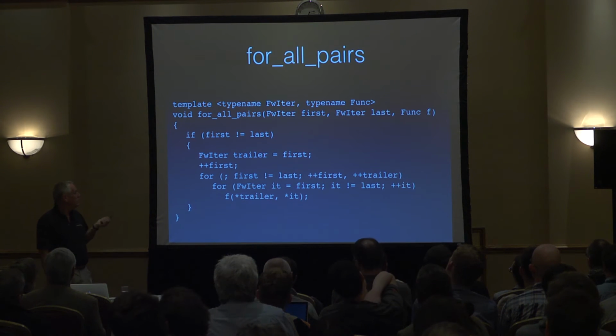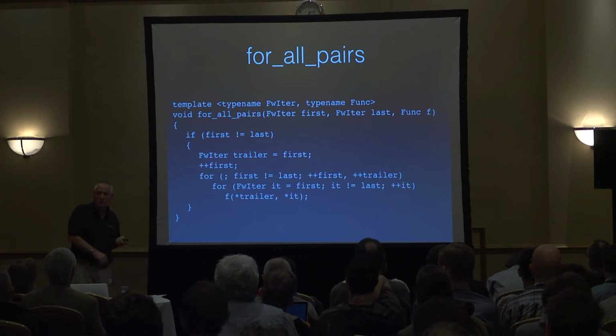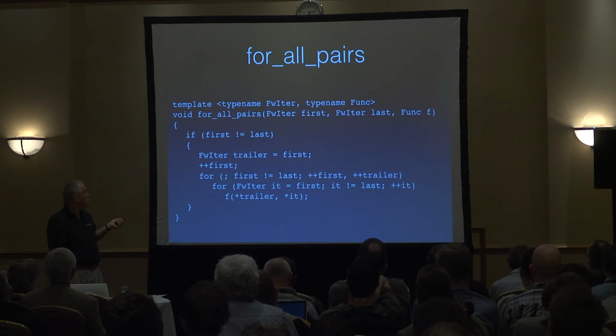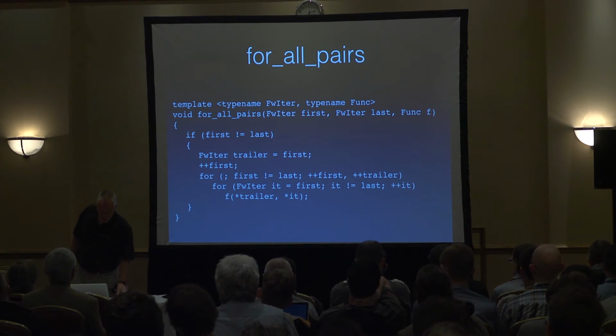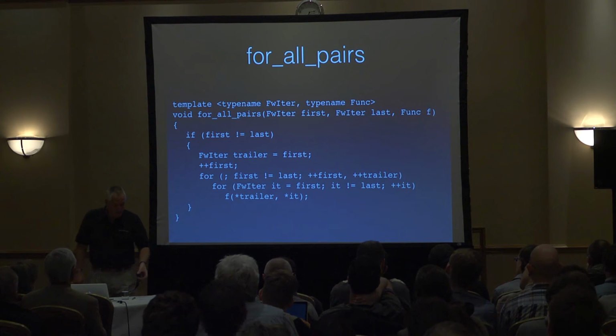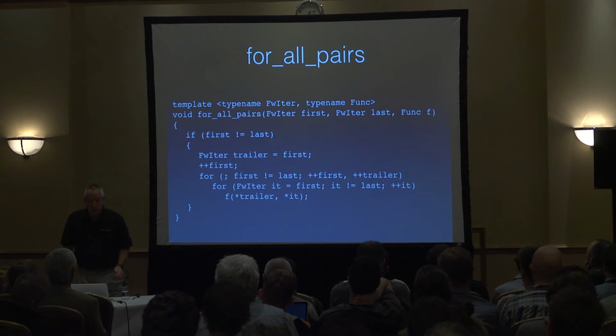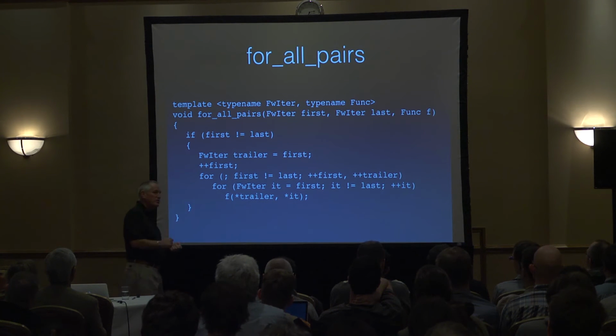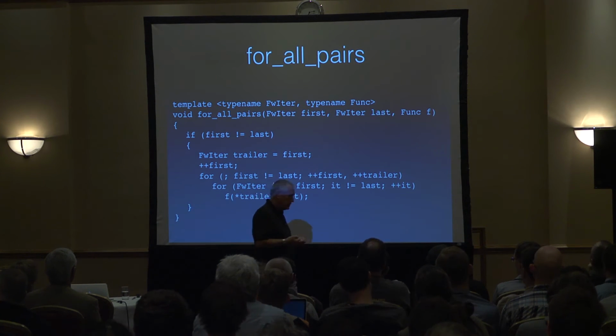Anyway, and obviously this requires forward iterators because we're making multiple passes over this. We're not going backwards, we're not jumping around, so obviously forward iterators is all we really need. When you're designing algorithms, you should very much think about iterator categories and what operations you need on iterators.